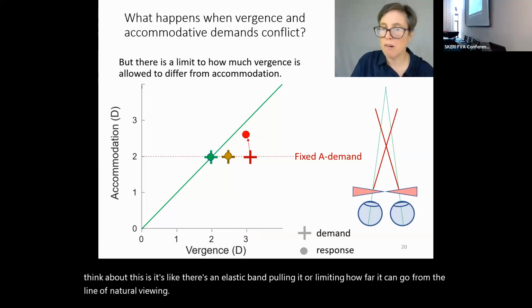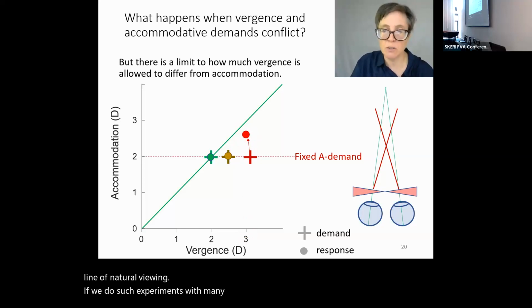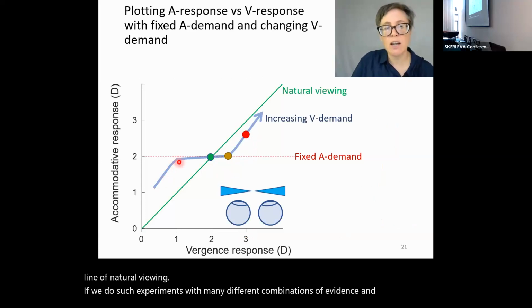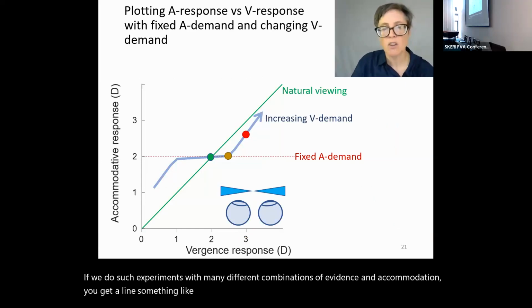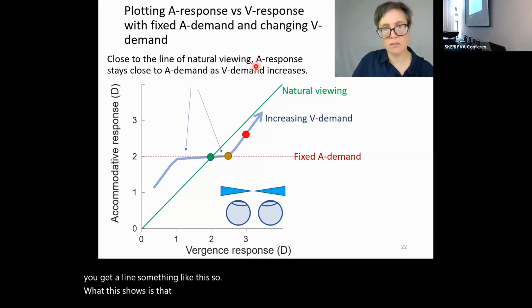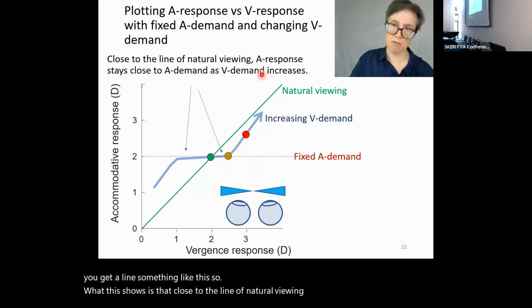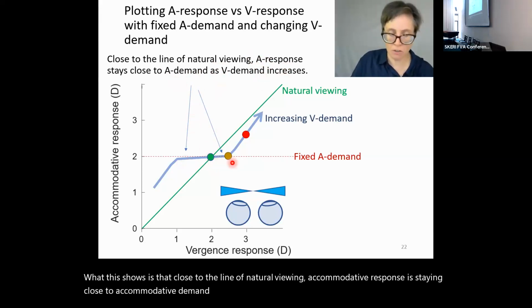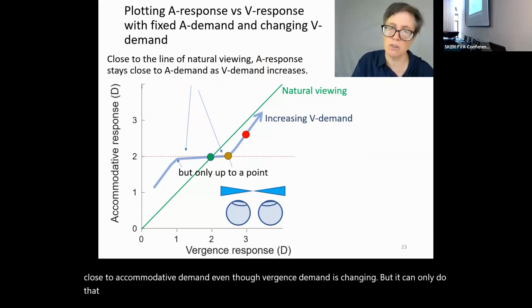If we do such experiments with many different combinations of Vergence and accommodation, you get a line something like this. What this shows is that close to the line of natural viewing, accommodative response stays close to accommodative demand, even though Vergence demand is changing, but it can only do that up to a certain point.